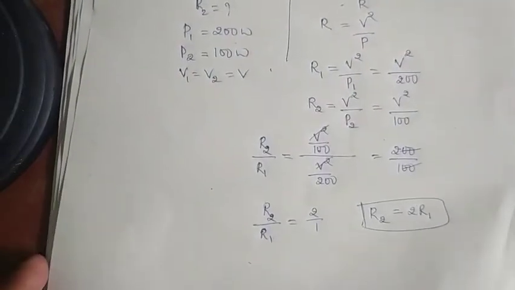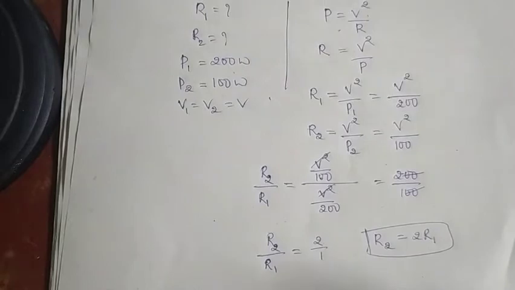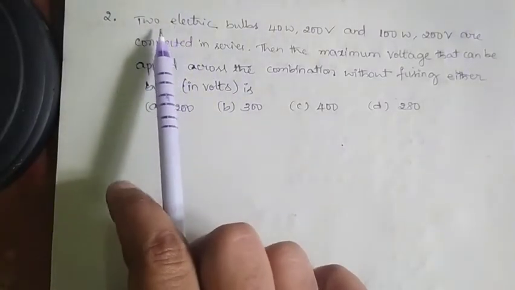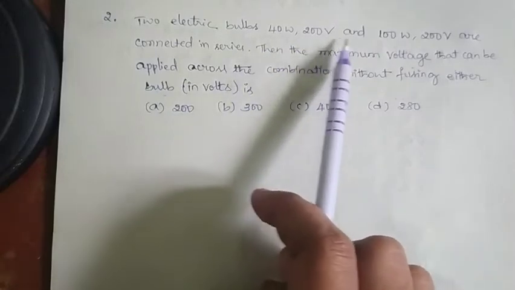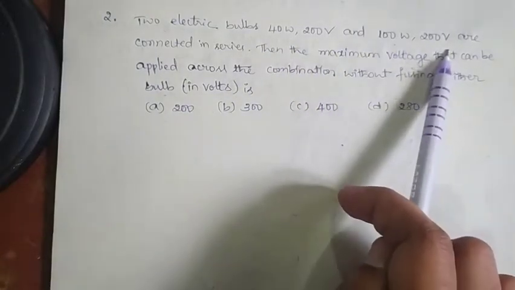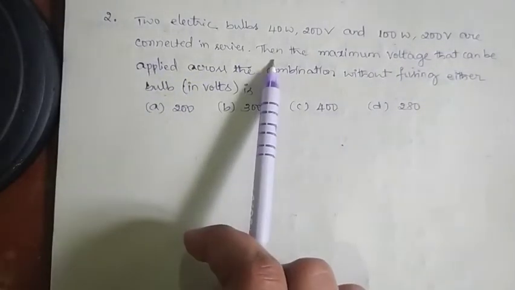We have to solve like this. Now, the next question is: 2 electric bulbs, 40 watt 200 volt and 100 watt 200 volt, are connected in series.